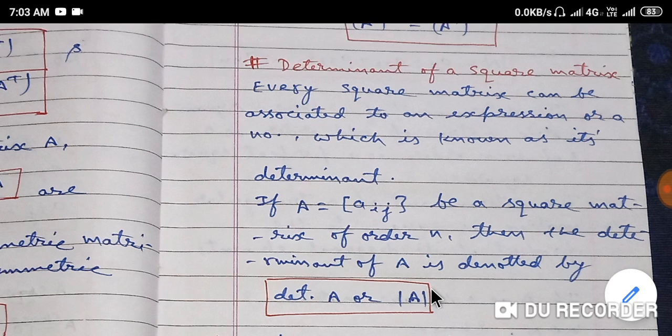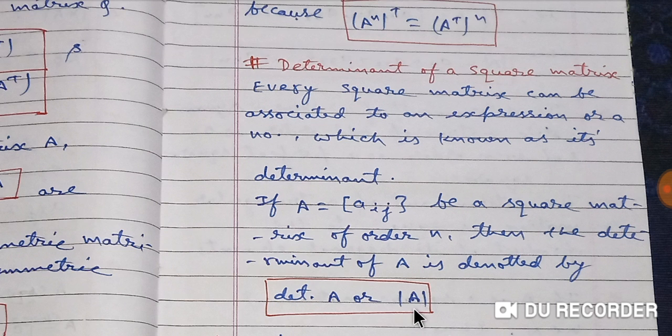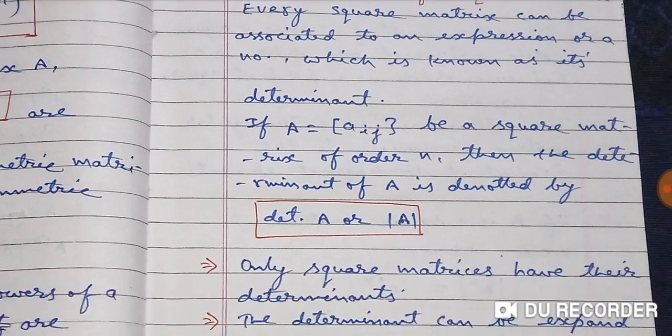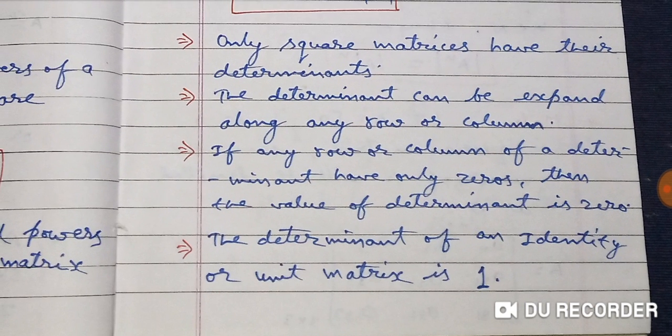This is the modulus function, and we can call it mod A. Only square matrices possess determinants. Otherwise, if the matrices are rectangular, no determinant exists.